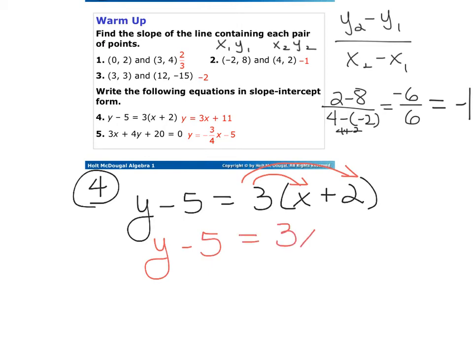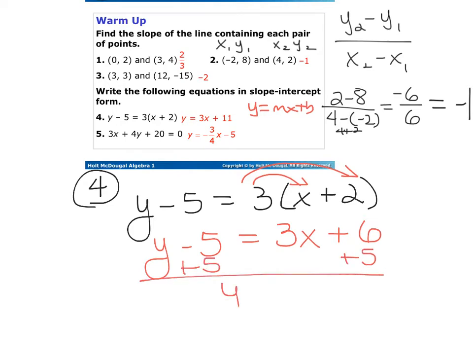So 3 times x is 3x, and 3 times 2 is 6. Now to get it into y equals mx plus b, because that's what slope-intercept form is, I have to add the 5. And I get y equals 3x plus 11. And now it's in slope-intercept. So this is all a review. Good so far?